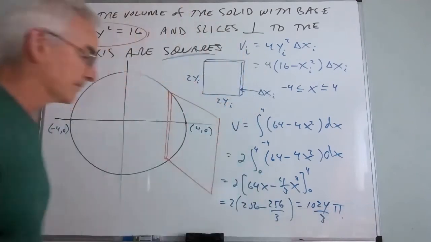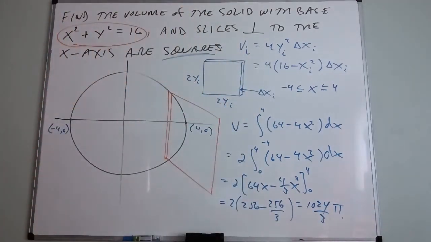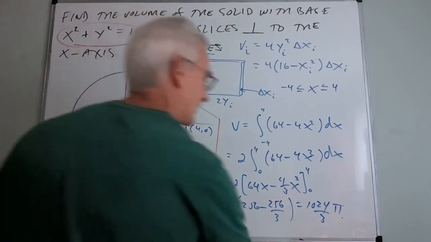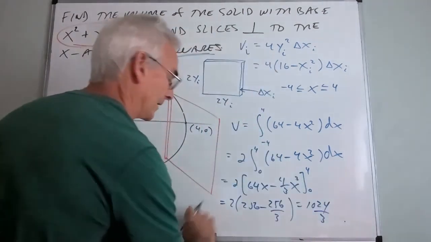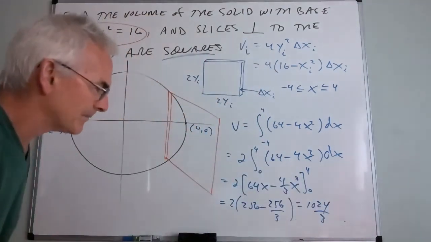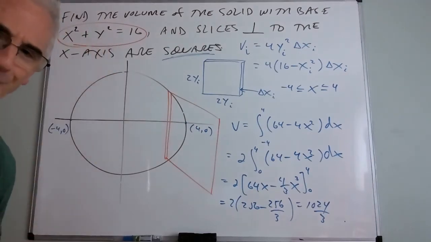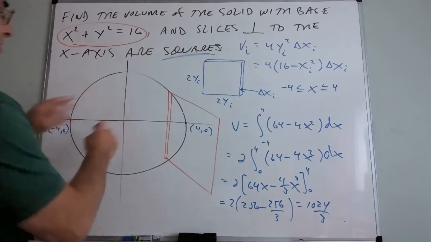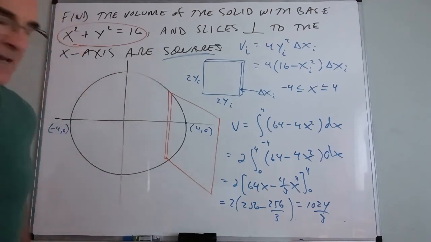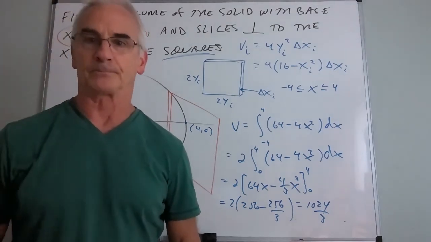Sorry, there's no pi. 1,024 thirds. I think that's correct. Of course, use your graphing calculators if you have to do the fraction. No, I'm joking with you. Now, my base is a circle, my slices are squares, and my answer is 1,024 thirds.